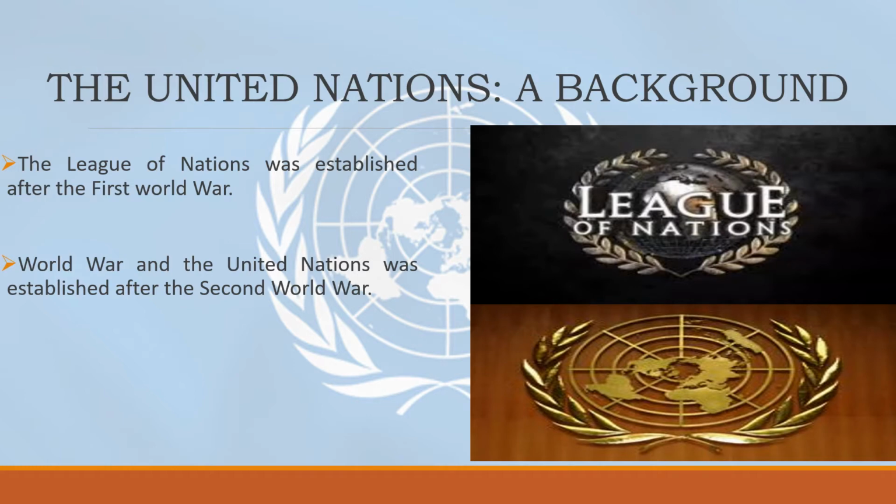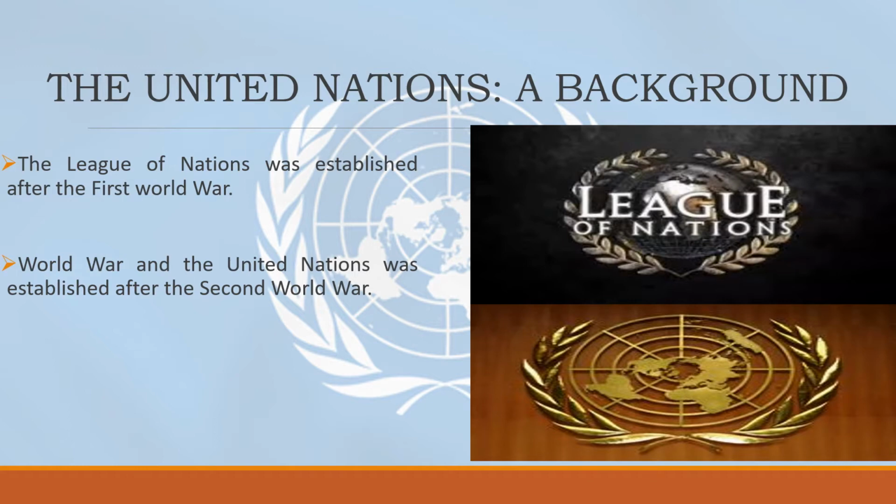The United Nations was established after the Second World War, out of the realization that there has to be a mechanism to establish world peace. The League of Nations did not succeed at all, but after the use of nuclear weapons in the Second World War, the idea took root that such destructive war should be stopped and that it is the collective responsibility of all the nations to do so.